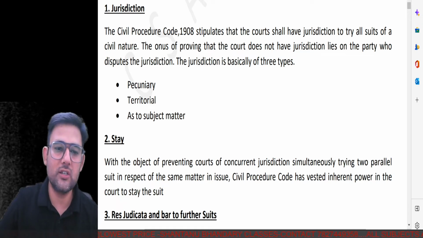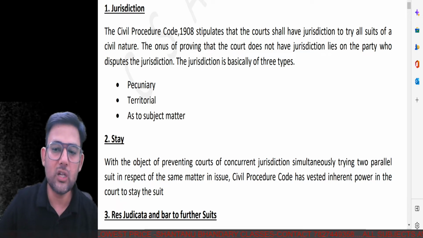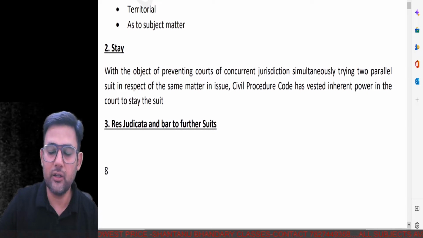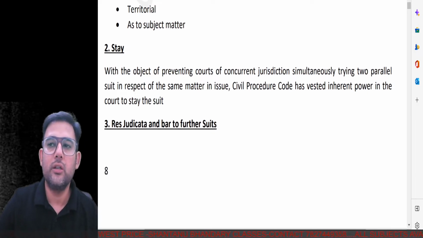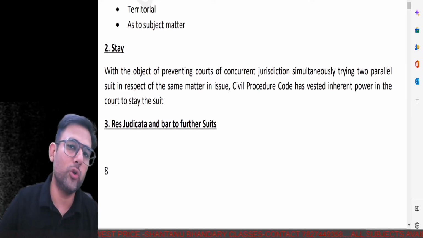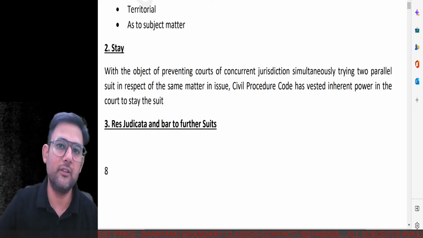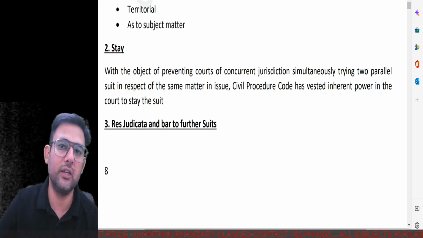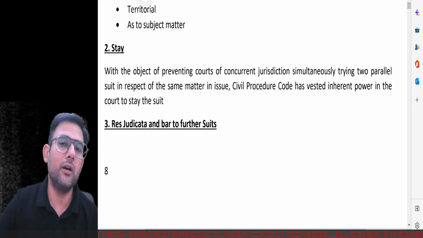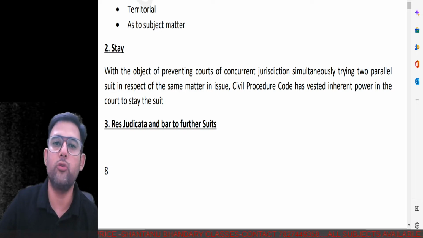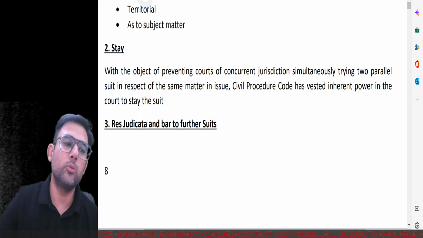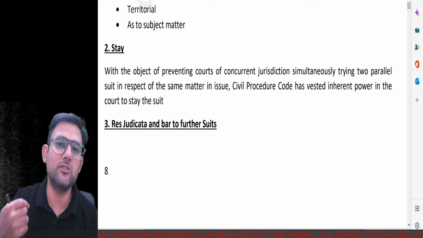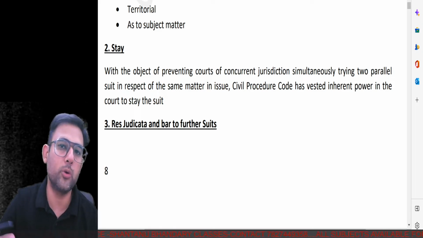Once the jurisdiction is decided, then probably the second thing is stay orders, because it may be that the suit or the case is between various parties. Some reside in North India, while some in West and South and then East. So everybody is trying to file a case, going to a court of law. We need to make sure that this particular case does not start in 10 courts or probably more than that.